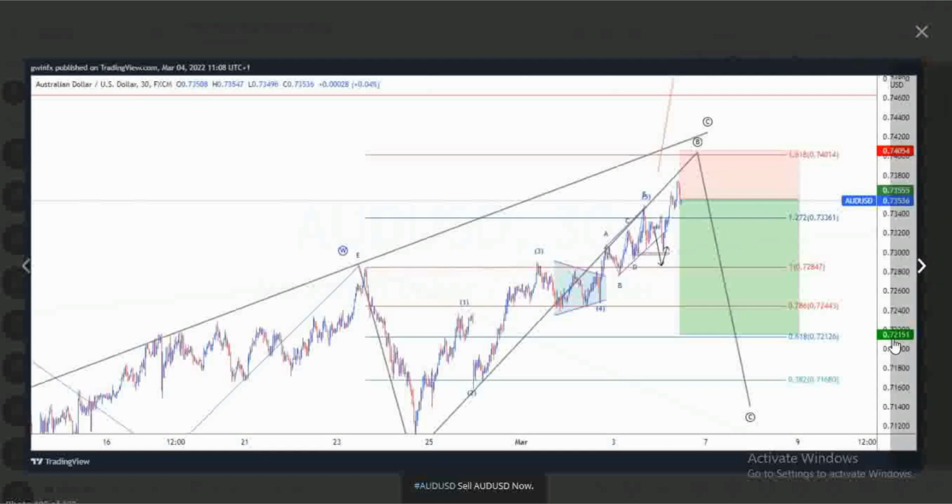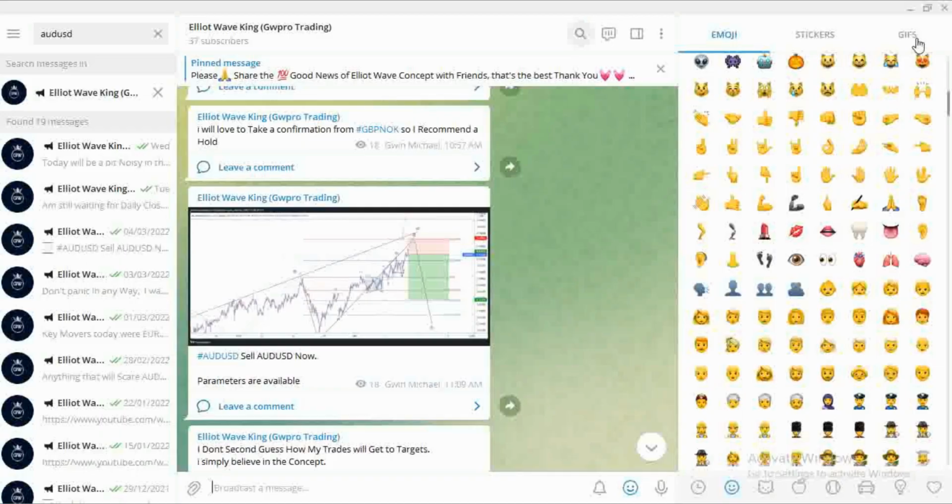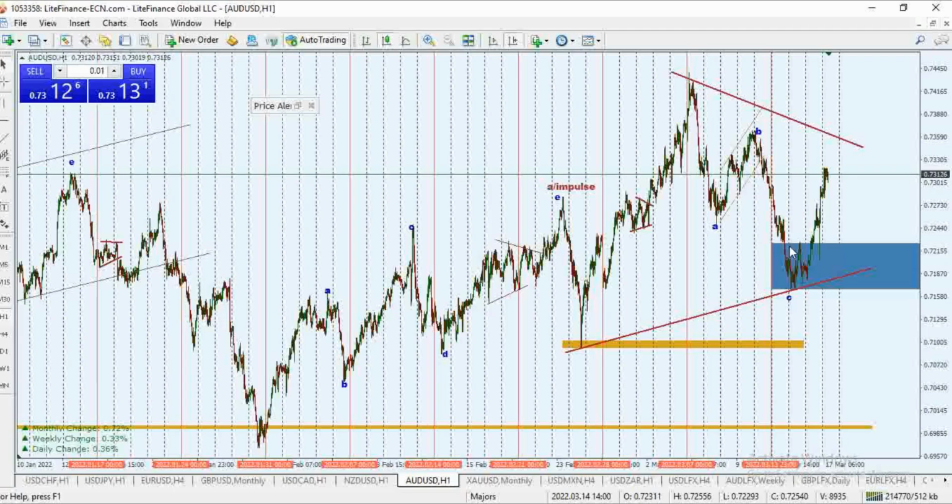So let's look at 0.7215. That was our target, 0.7215. So the objective was hit, and it was also a profitable trade. So we took some positions from this territory back to 0.7215. This was 157 pips, and it was a nice position to take.